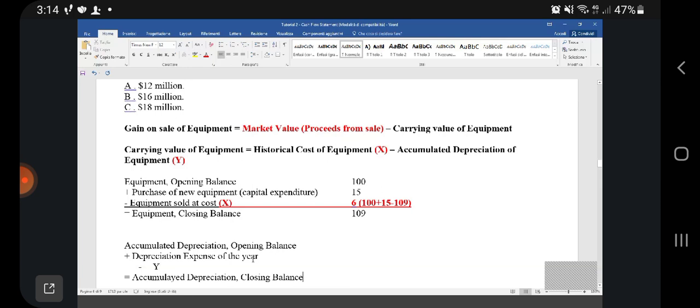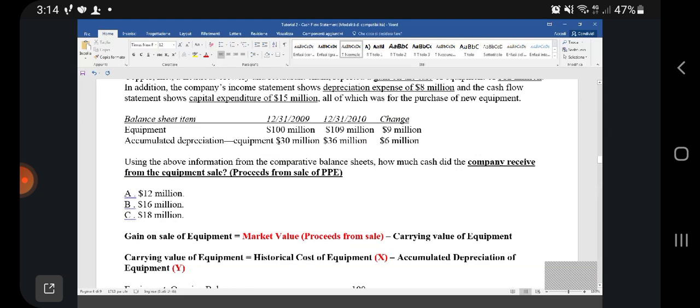Okay, so regarding the accumulated depreciation, remember from accounting courses, accumulated depreciation is a contra asset account. Usually we compare that to the historical cost less accumulated depreciation, and we have the carrying value. Now, related to the current calculations, we have an opening balance of 30 million in accumulated depreciation and a closing balance of 36 million, right?